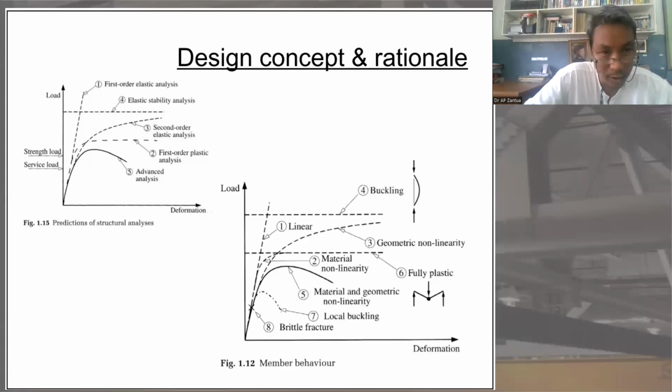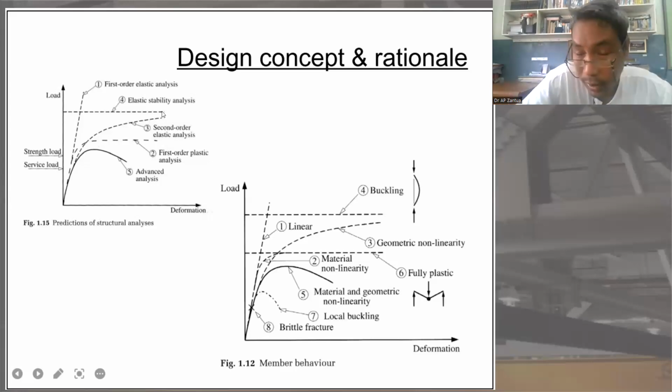So this is more realistic in real life. Advanced analysis, this is the real model. Even though we are able to make the first order analysis, it is somewhat useful. If you do the first order plastic, it's somewhat useful. Second order analysis is somewhat useful.